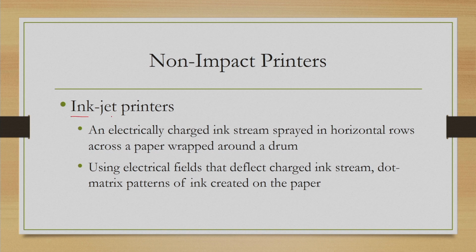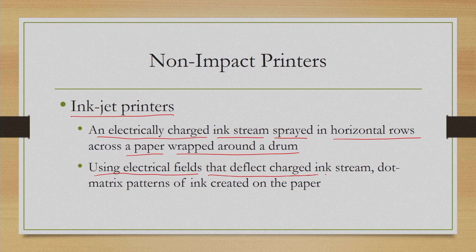In case of inkjet printers, what happens? An electrically charged ink stream is sprayed in horizontal rows across a paper which is wrapped around a drum. Now, there are electrical fields which deflect the charged ink stream.